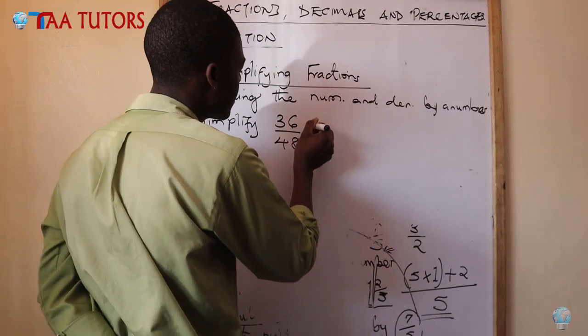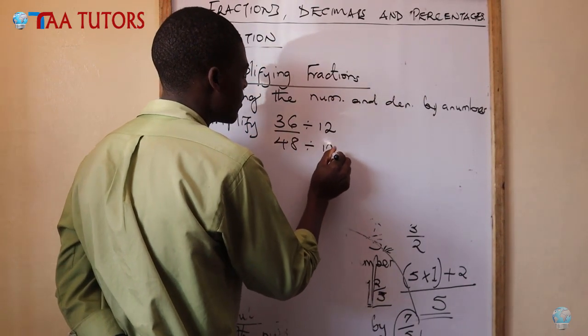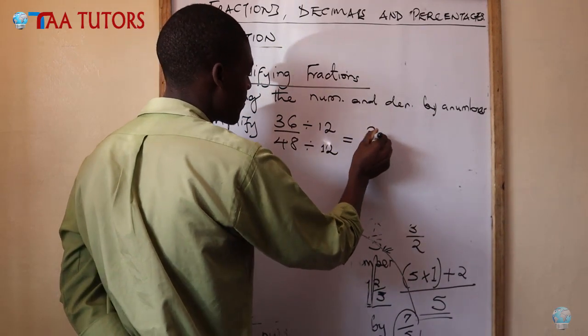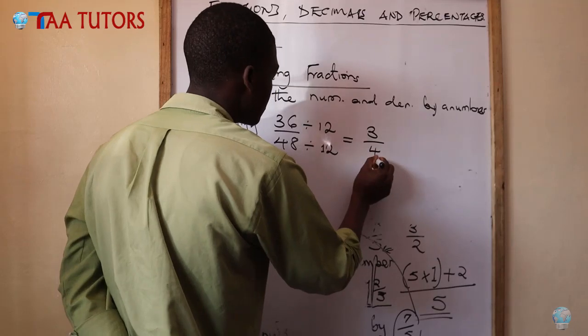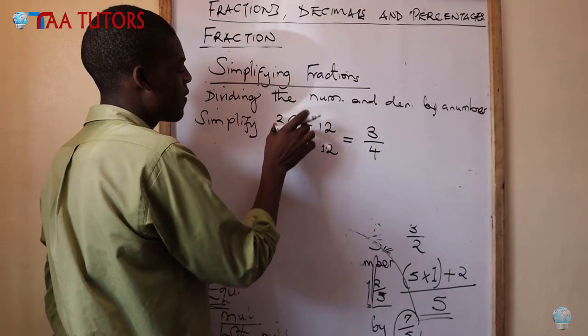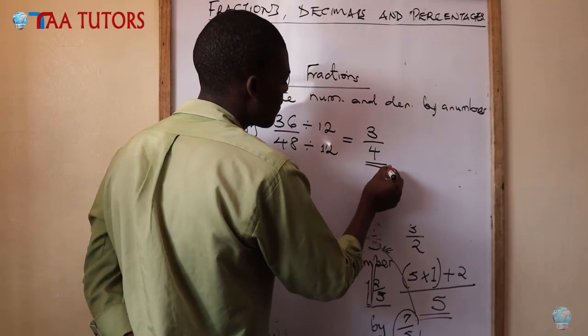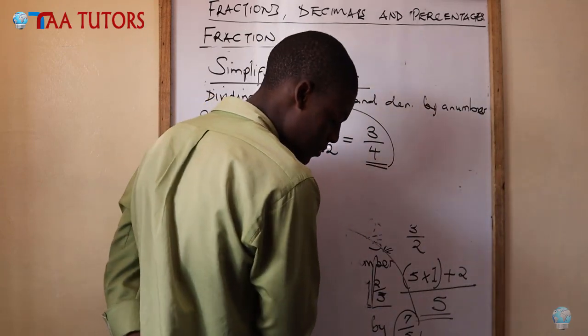In this case, we can decide to divide both sides by 12. 36 divided by 12 is going to give us 3. And 48 divided by 12 is going to give us 4. So we've reduced 36 over 48 to 3 over 4. This one is now the simplified form of whatever we had before.